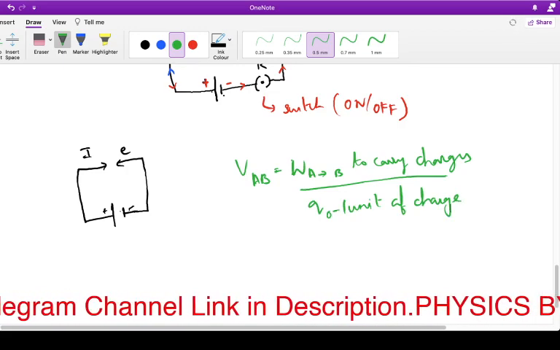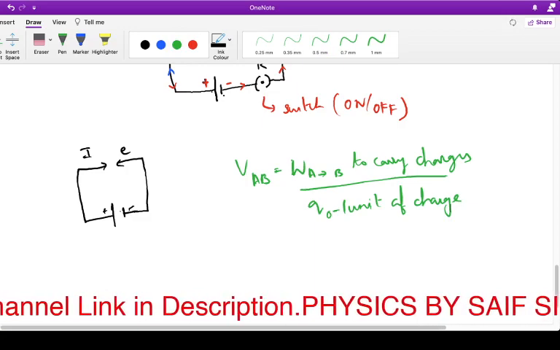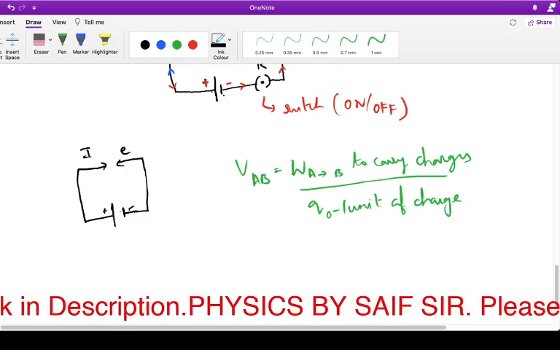This is how you find the potential difference from A to B.